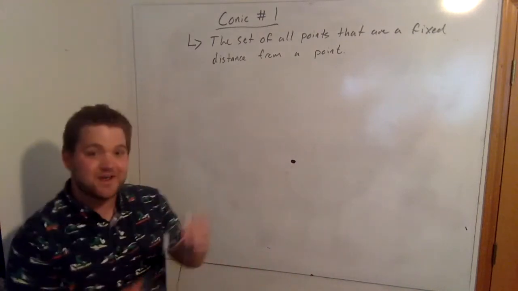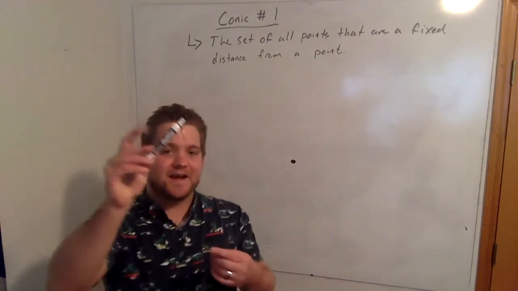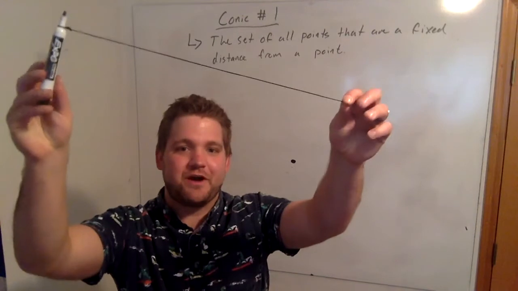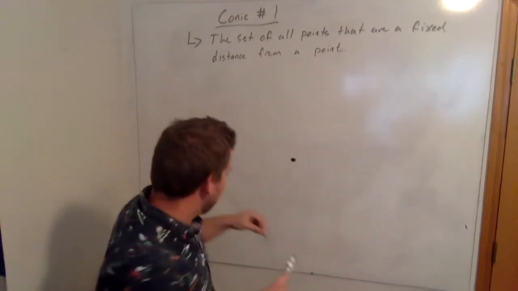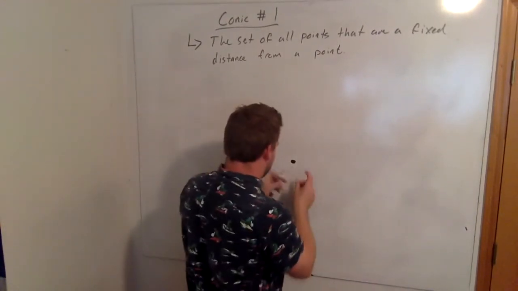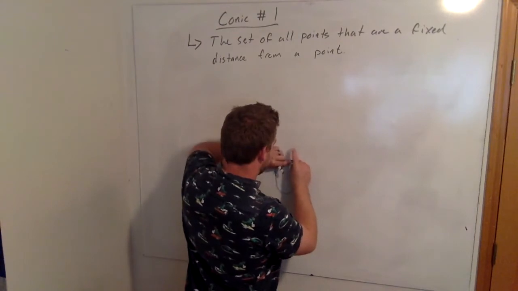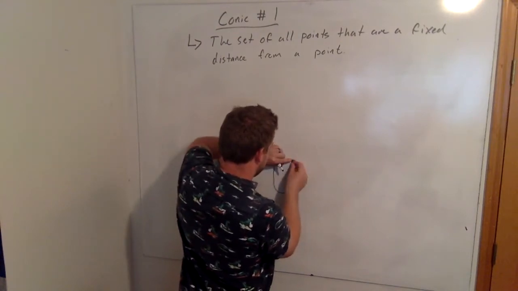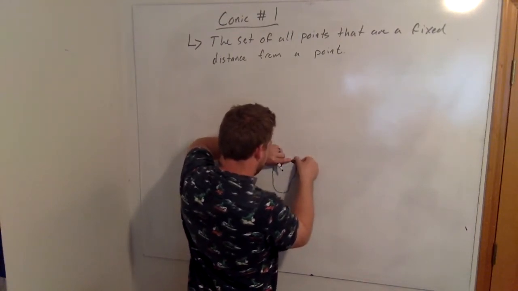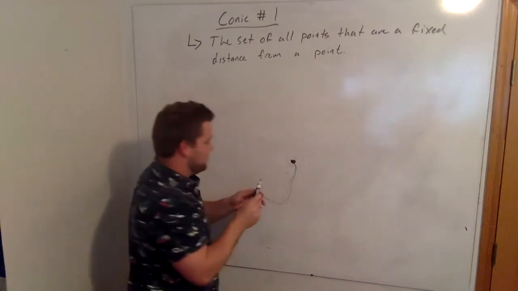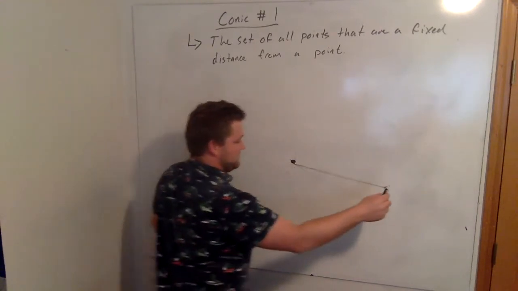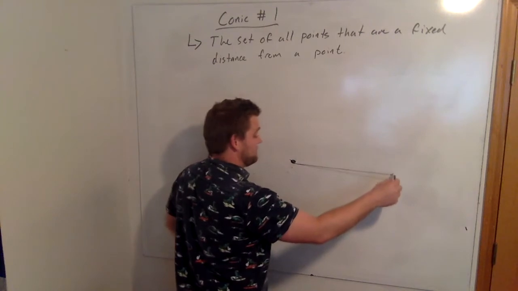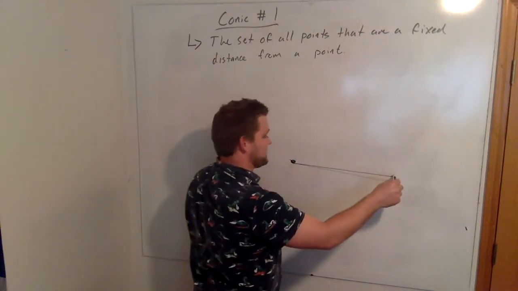So what I have here is I have a marker and I have a string. So this will be our fixed length. And what I'm going to do is I'm going to take this string and I'm going to tape it here to the board. So this marker now has a fixed distance. It's a fixed distance from the center.